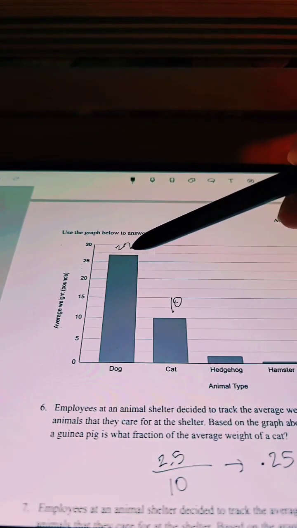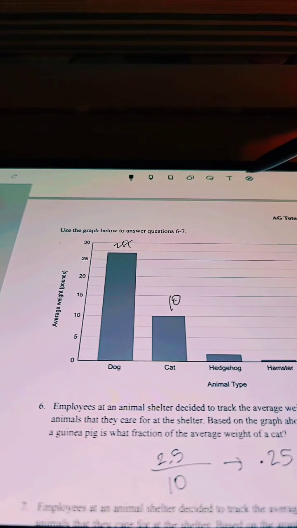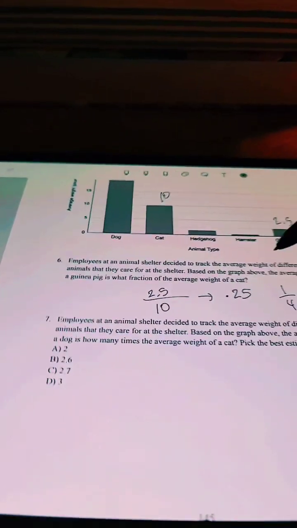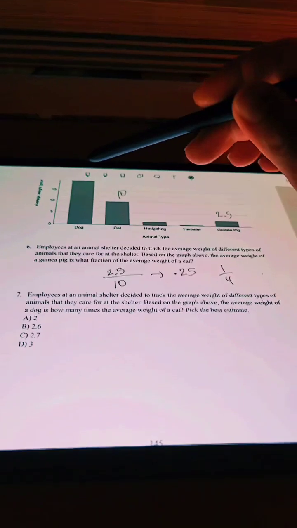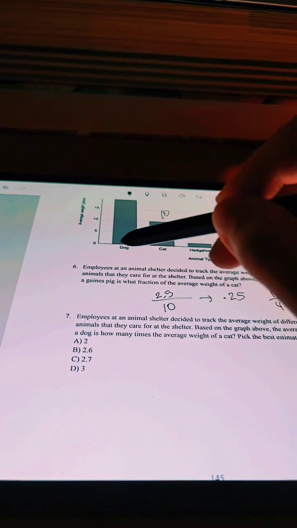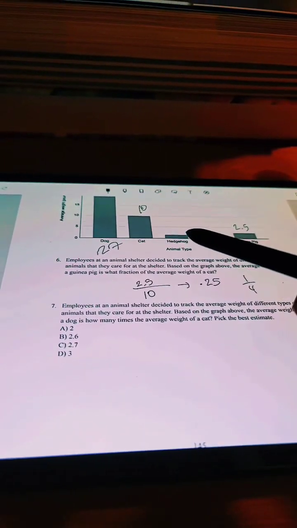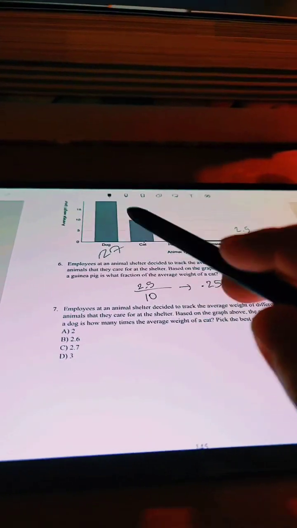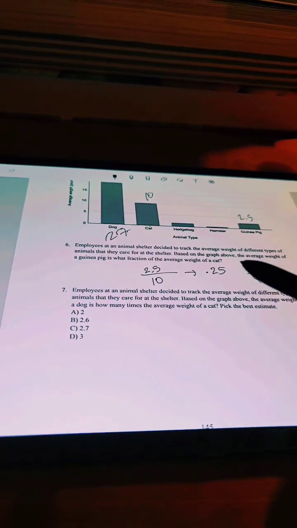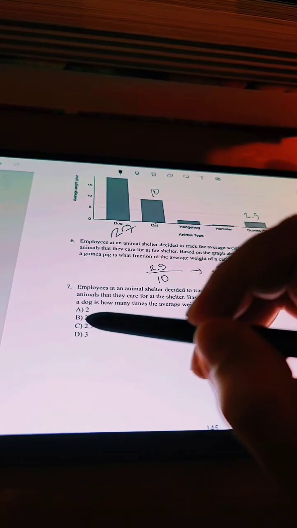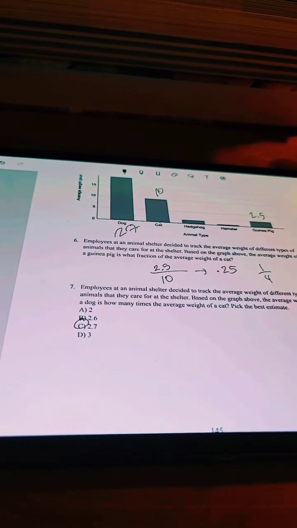So let's say that's 27, because it said something, I think it was closest was the wording. Pick the best estimate. So 27 for the dog, and then the cat is 10. So how many times the cat to get to the dog? So that would be, let's see, what's the best answer choice? The best answer choice would be C, 2.7.